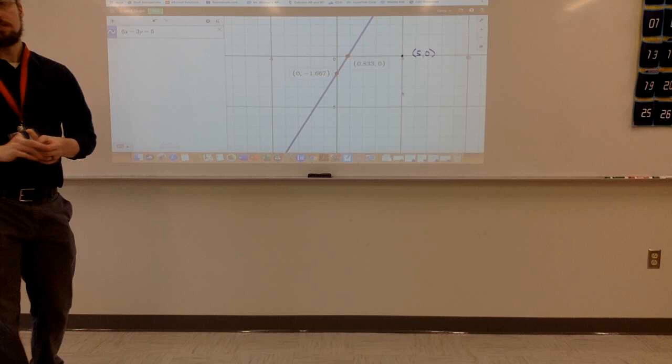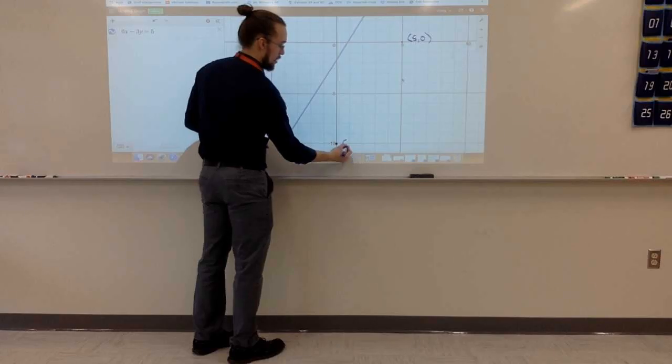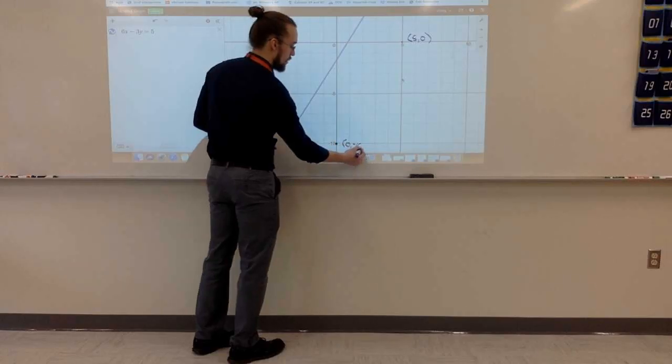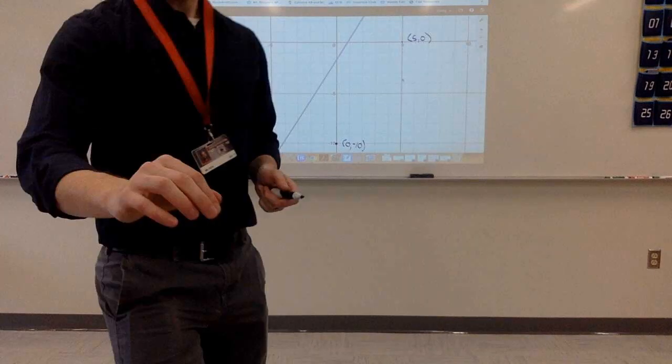So if I multiply those coordinates, we'll get (0, negative 10). So, once I have those 2 points, I can draw a line between them.